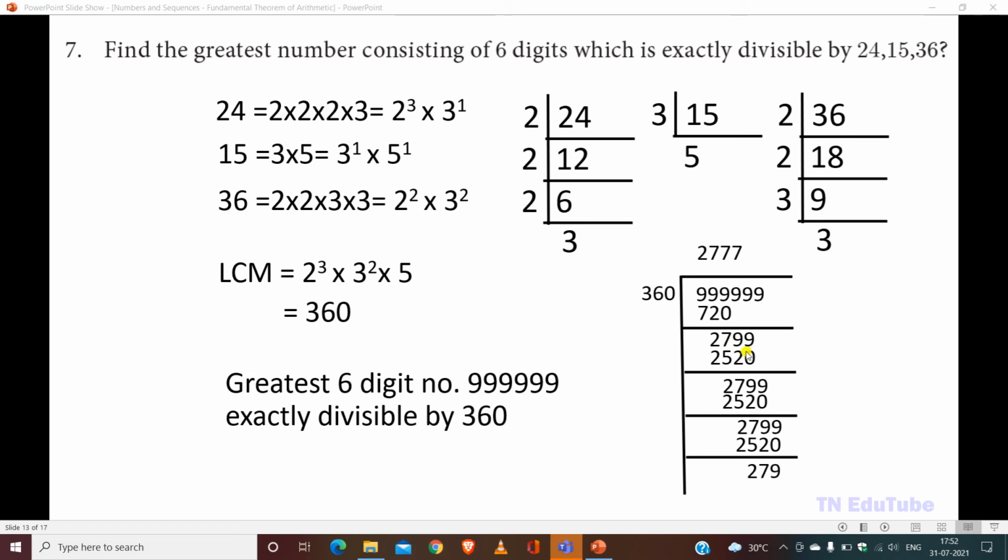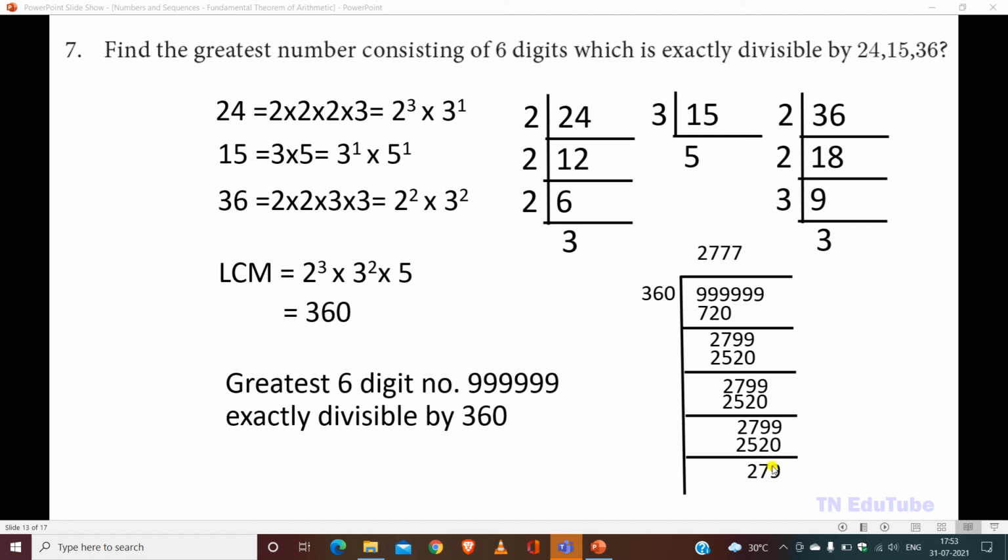Again 7 times you get 2520. While subtracting, again you get 279. Take the next 9. Again it is 7 times, 2520. When subtracting, you get 279. You take the last 9. So again 7 times it is having 2520.